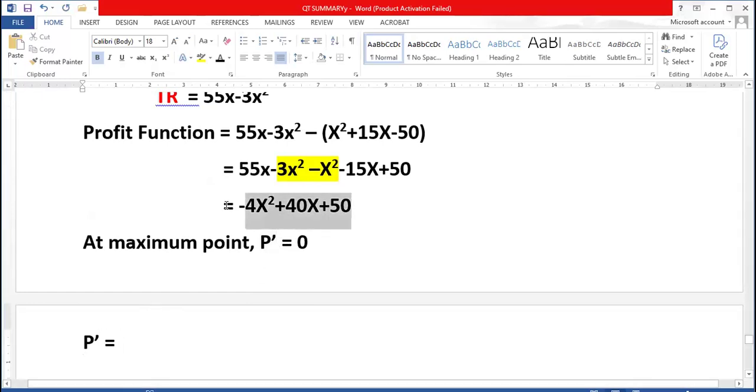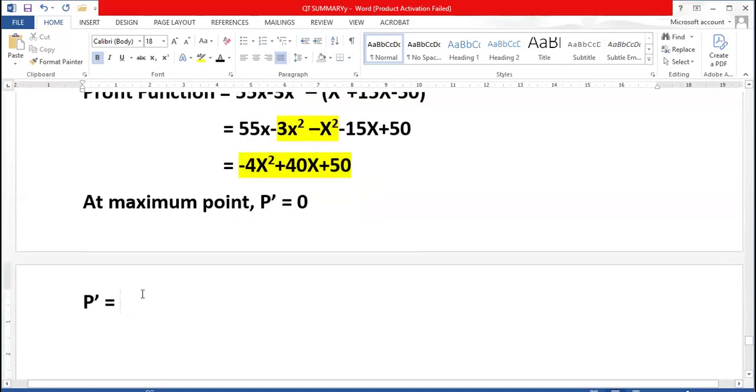When we differentiate this, what do you get? Let's differentiate together. Tell me. Negative 8x plus 40. Perfect.